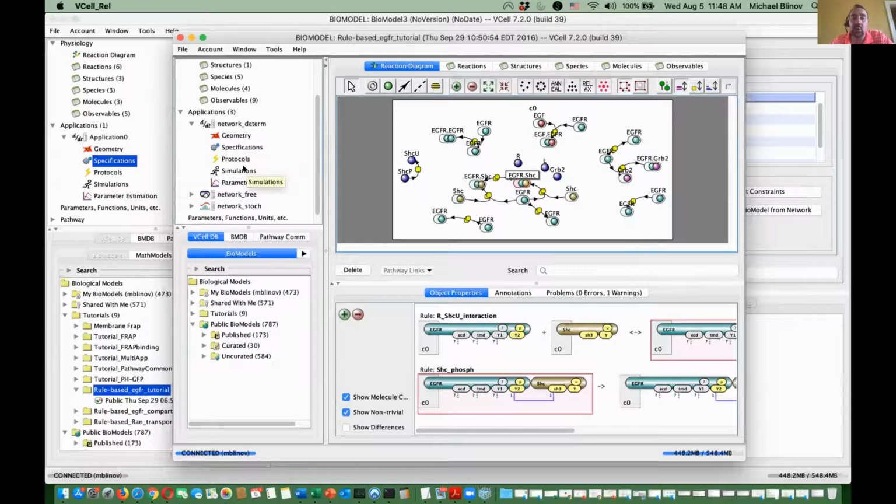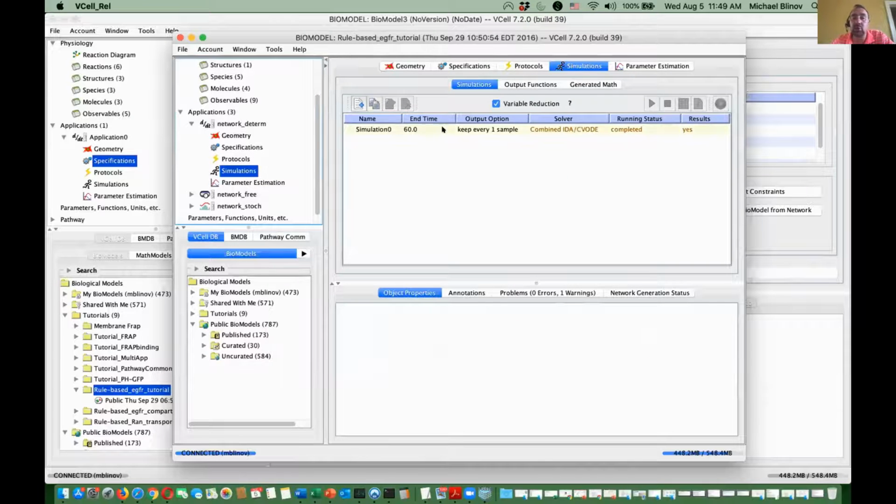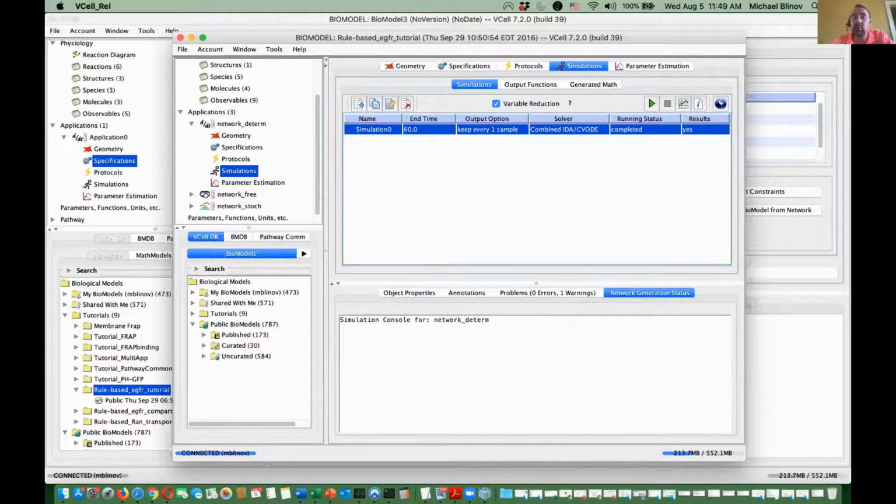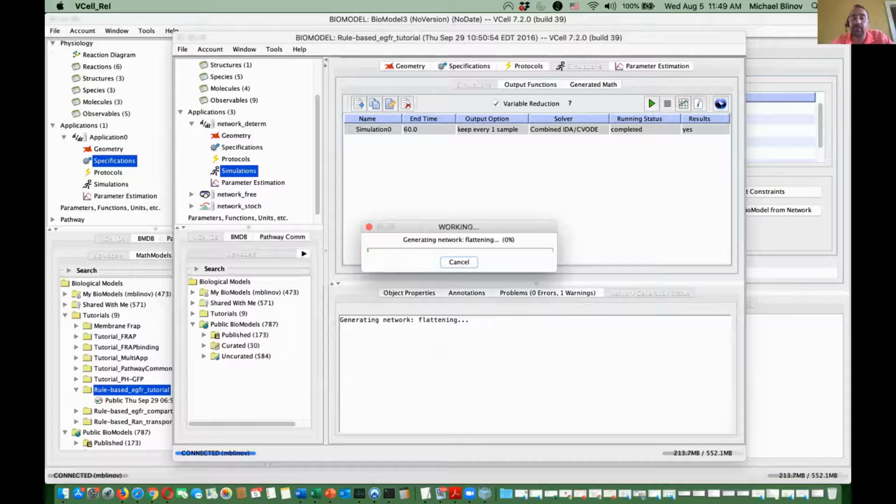So one way is to do a deterministic model. We click on the blue button, and we expand, or in our terminology, flatten the set of rules into a reaction network.